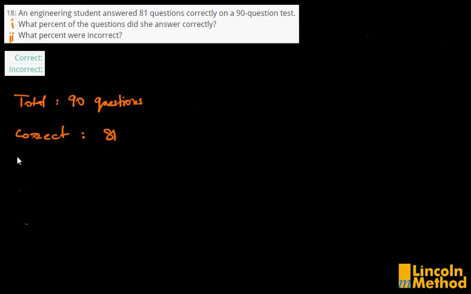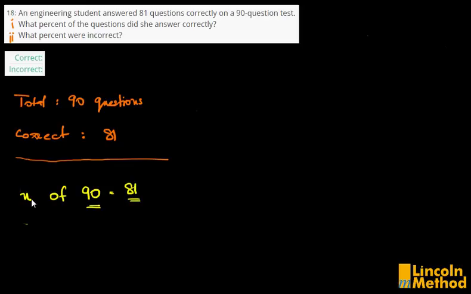Now if I bring this into perspective and write this down as an expression, what I should have is: she solved a certain percent of questions out of this total number of questions, and that certain percent equals 81 answers.